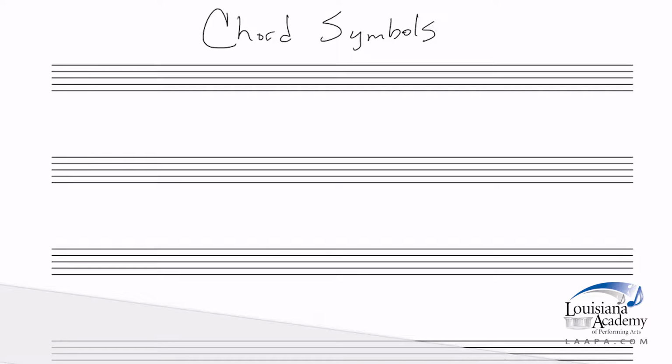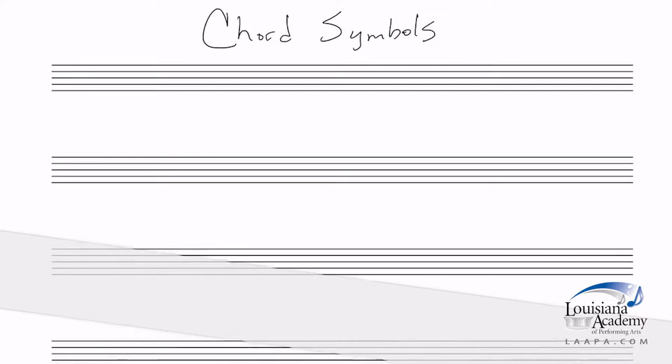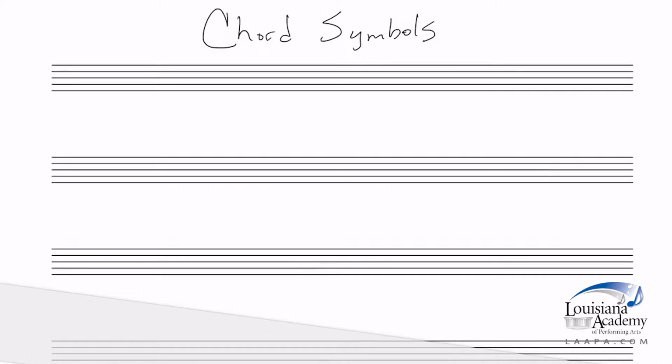Very handy. But you can also put in a PDF of staff paper, use the Apple Pencil to actually write music, which is what I'm doing now. And it works pretty reliably. So we're going to go through that.